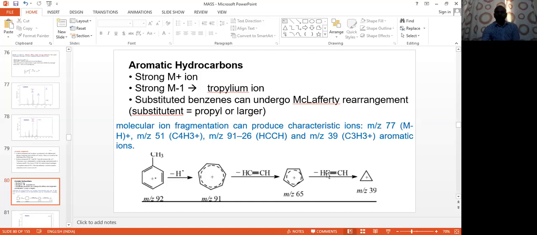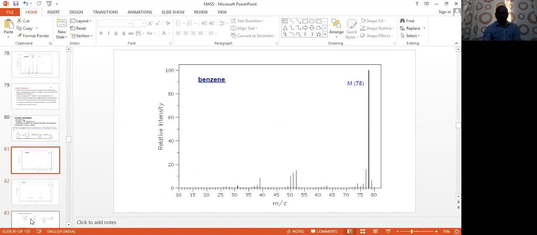So this is with the aromatic compounds. So benzene, where the molecular ion is a very prominent peak. This is a very prominent molecular ion peak for benzene, and these are the very less abundant ions. In benzene, it does undergo some fragmentation, but we are not much concerned about that.